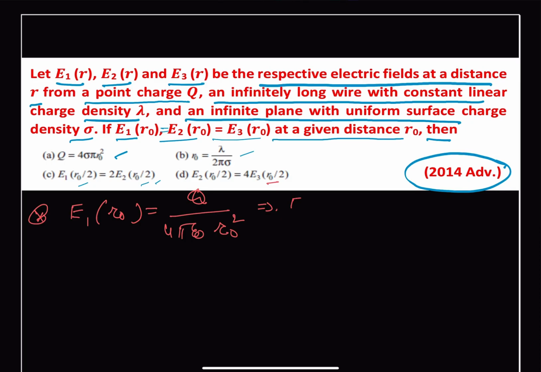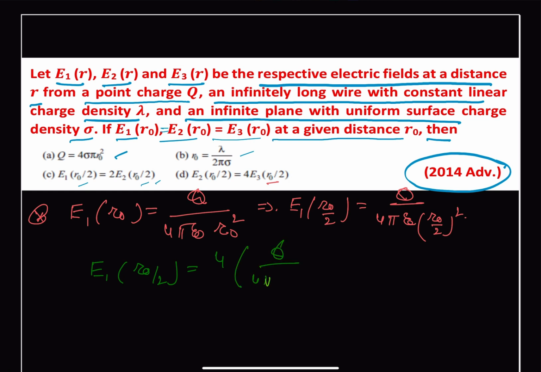E1 at R0 by 2 will be equal to Q upon 4 pi epsilon naught times R0 by 2 whole square. So we get E1 at a distance of R0 by 2 is equal to 4 times Q upon 4 pi epsilon naught R0 whole square.